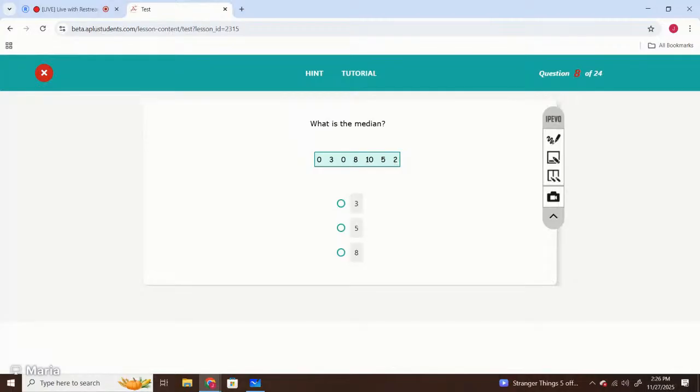What is the median? So what is the median?